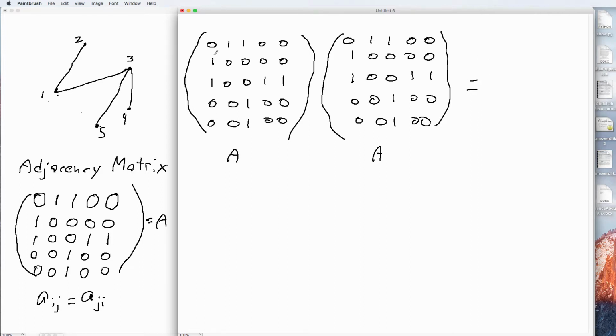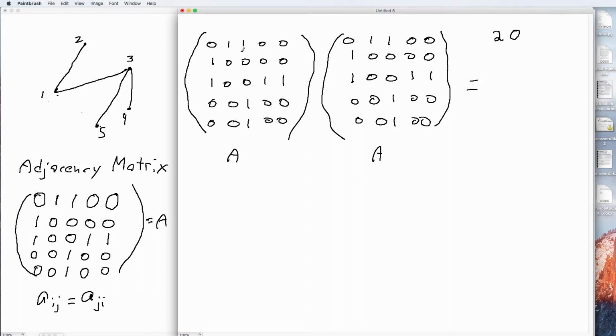Well, okay, I've got to go this times that. And if I go this times that, I'm going to get a 1 plus 1. I'm going to get a 2 over here. And now I'm going to go this times that. If I go this row times this column, it looks like I'm going to get a 0. And now I'm going to go this row times that.